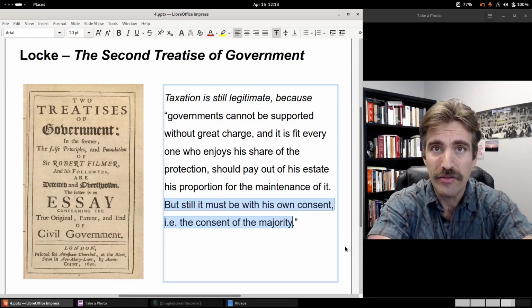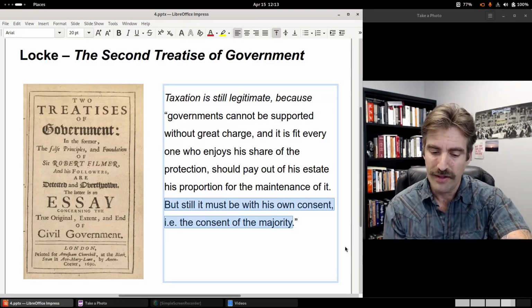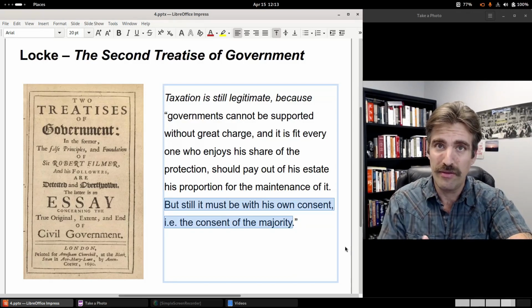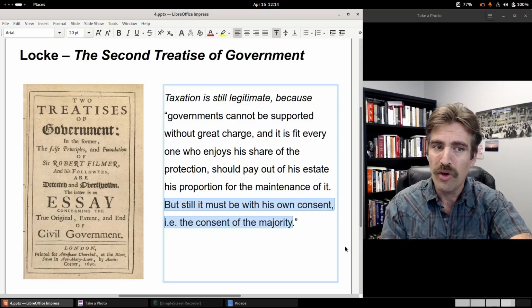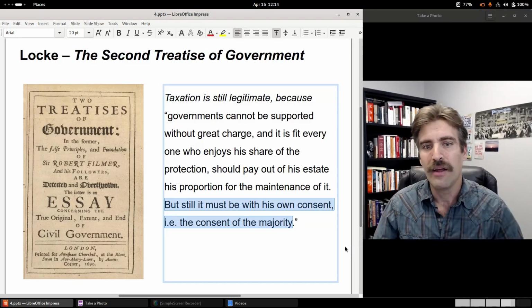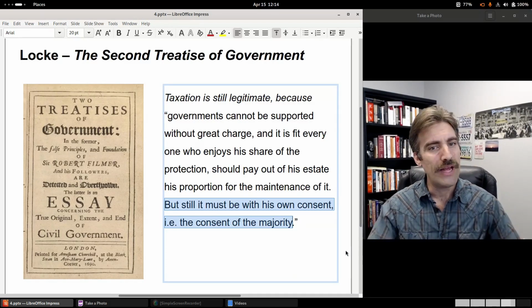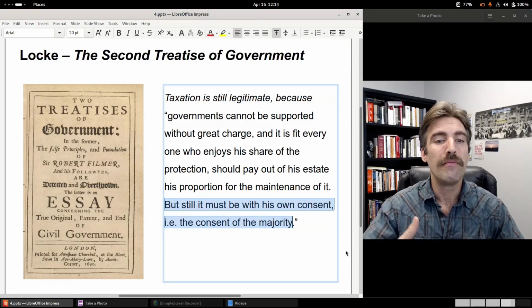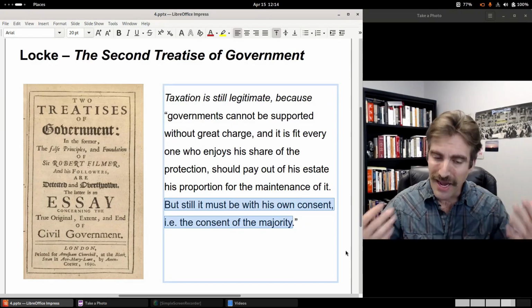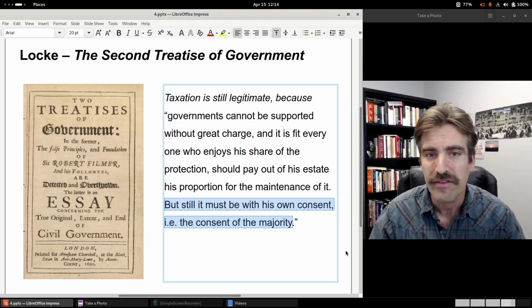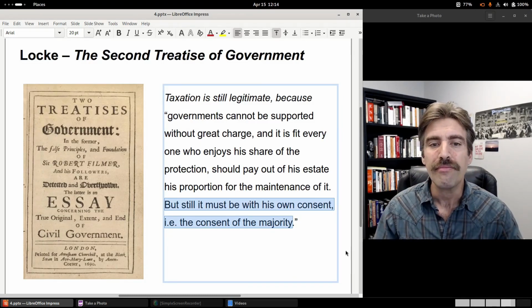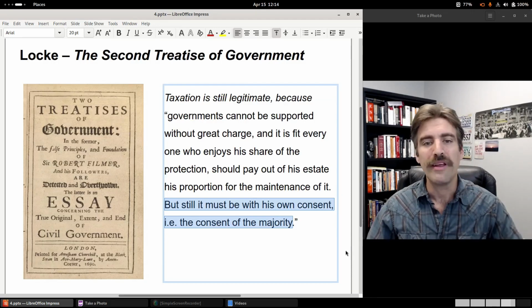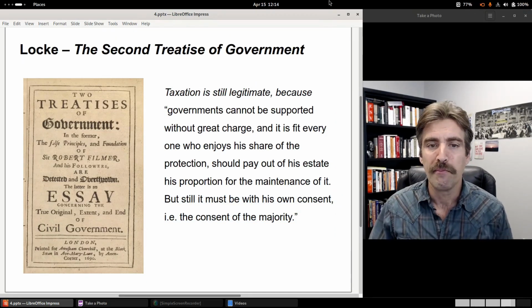But here, so long as the legislature is acting within its legitimate purview, majority rule has its place. And Locke says if the legislature, by consent of the majority, passes a tax, it is perfectly legitimate, so long as it's with the consent of the majority.